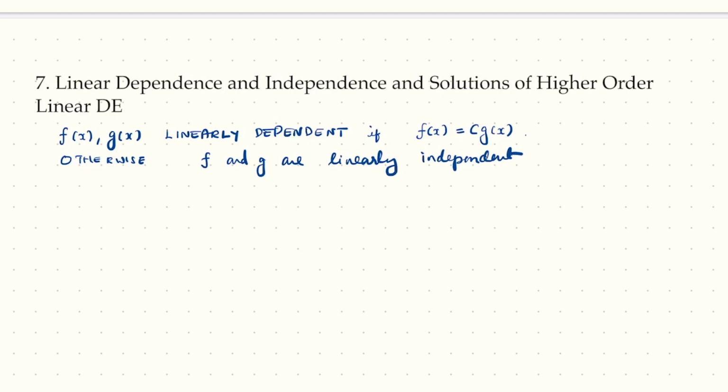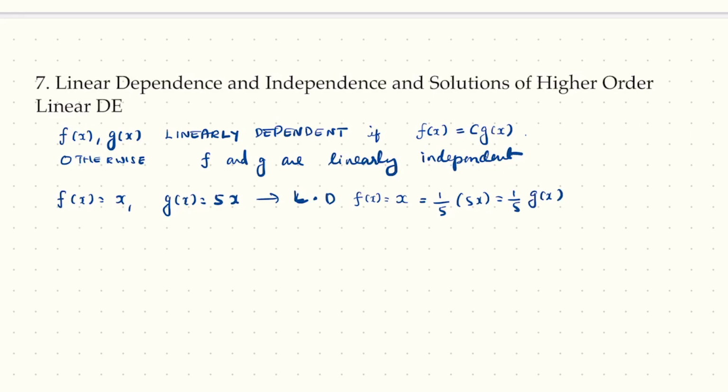Usually we talk about sets being linearly dependent or linearly independent. In this case, let's take a look at this function f of x, as simple as x, and g of x equal to 5x. These two are linearly dependent, LD, because I can write f of x, which is x, equal to 1 over 5 of 5x, which is 1 over 5 of g of x.